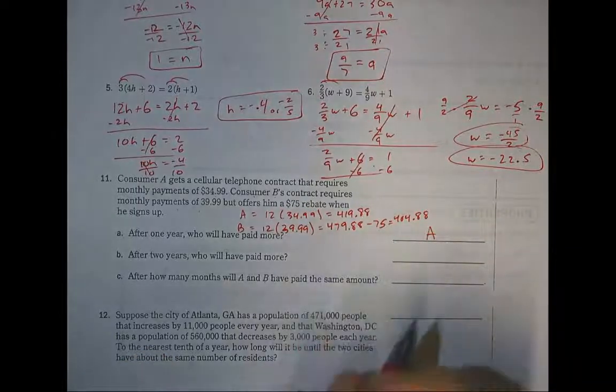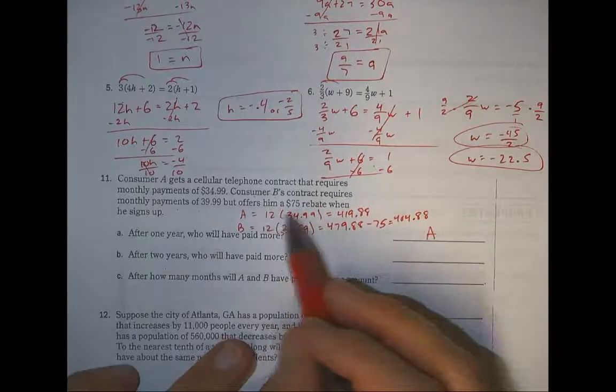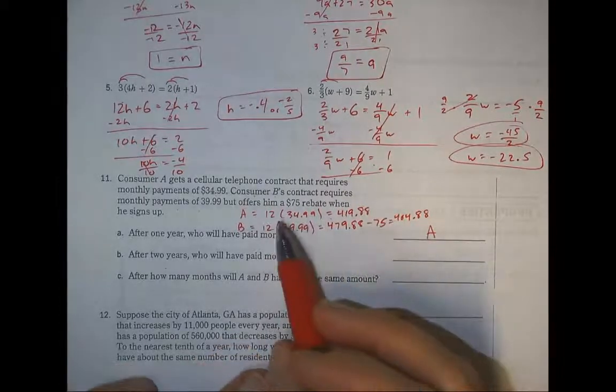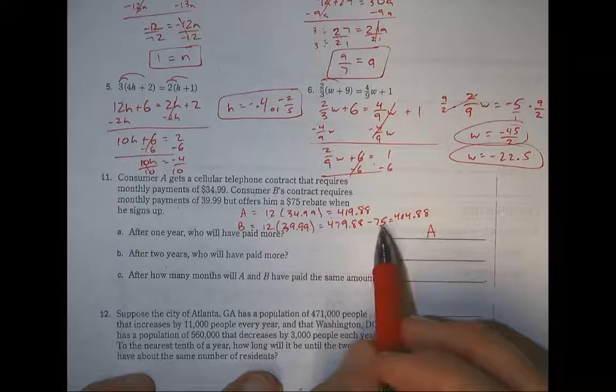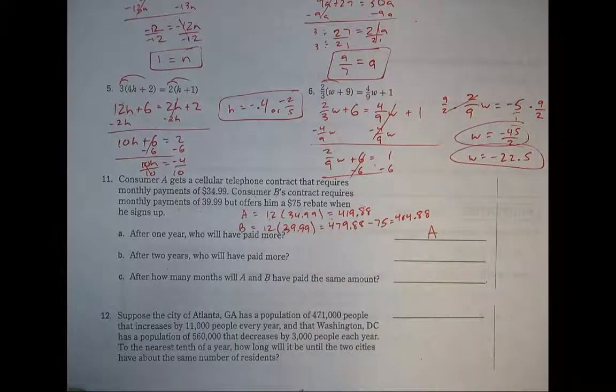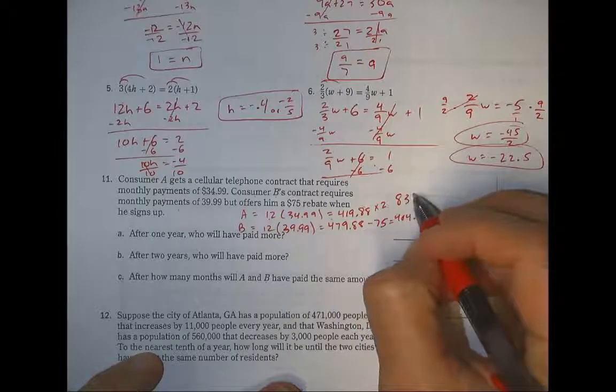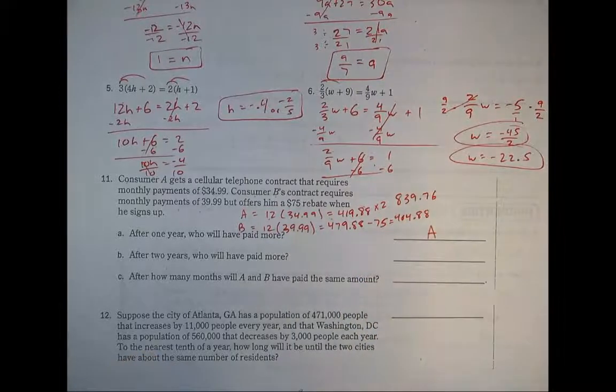How about after 2 years? So we're going to do this now again. So you can go ahead and you could just double these because it's just double the amount of months. Not this though, because that 75 is only going to come off once. So if I take 419.88, that was 1 year. So for 2 years, I'm going to have 839.76.